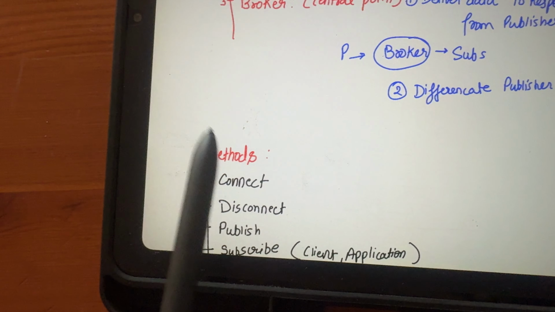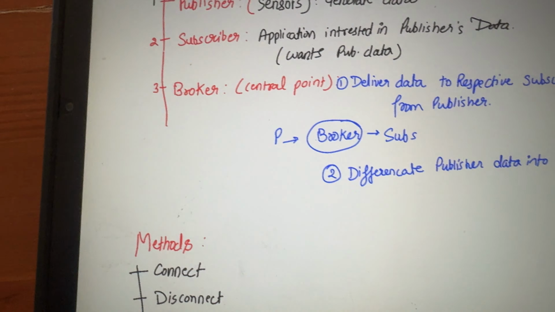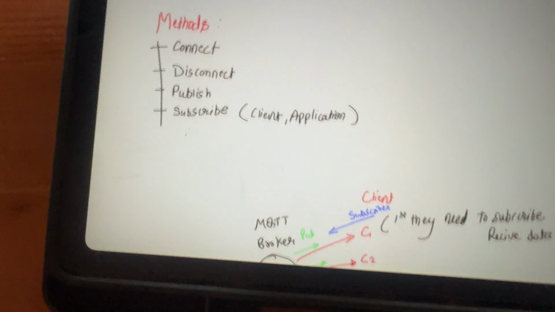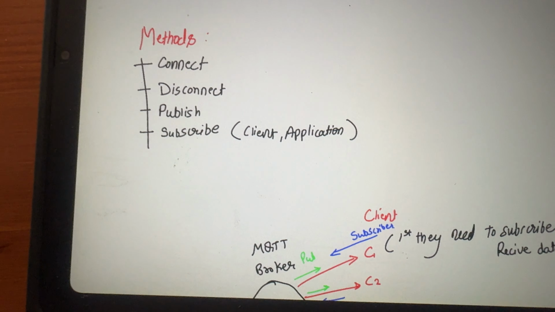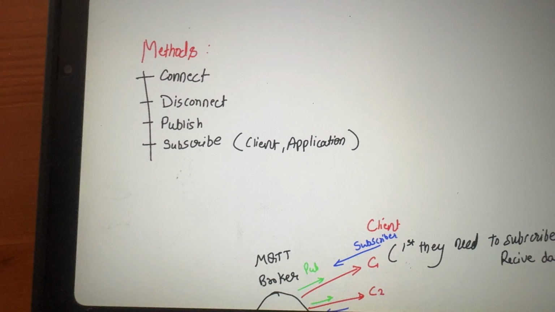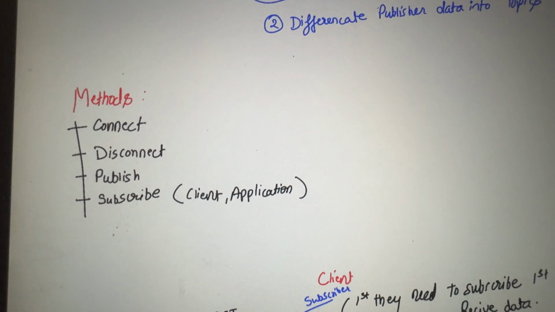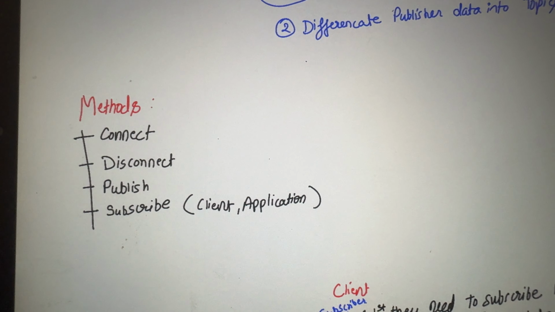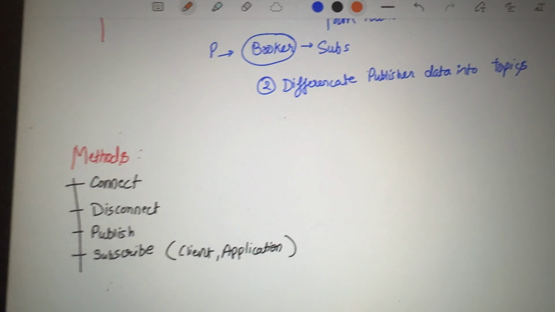The second part is that the broker differentiates the data coming from the publishers, which are our sensors. The different types of methods are connection and disconnection. The main purpose of MQTT is that it connects the publisher to the subscriber so that they can share the data, and it disconnects once they complete.